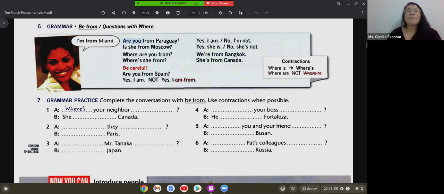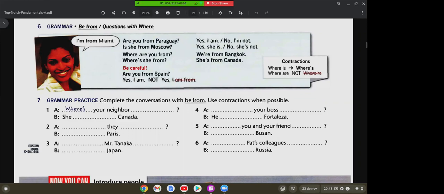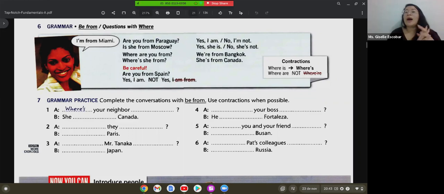Si, por ejemplo, preguntara, do you live in Spain or do you live in Paraguay? Entonces, no, I don't, or yes, I do.